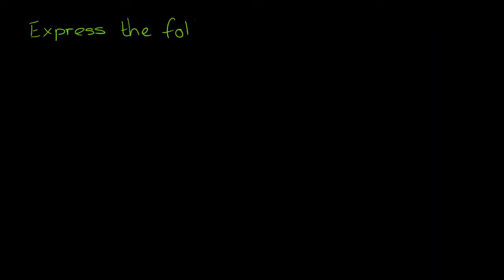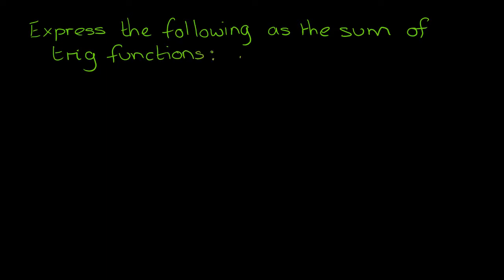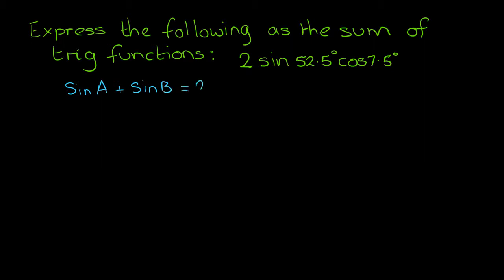Express the following as the sum of trig functions. 2 sine 52.5 degrees cos 7.5 degrees. I'm going to use the factor formula sine A plus sine B equals 2 sine A plus B over 2 cos A minus B over 2.